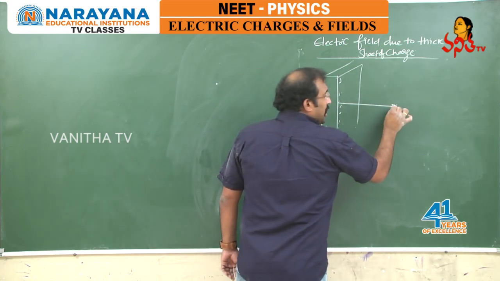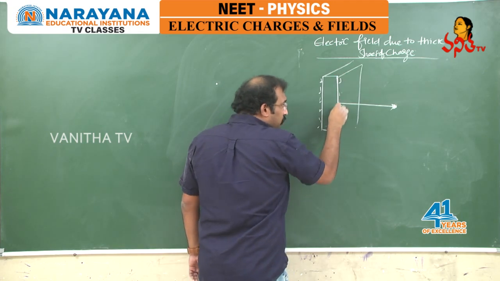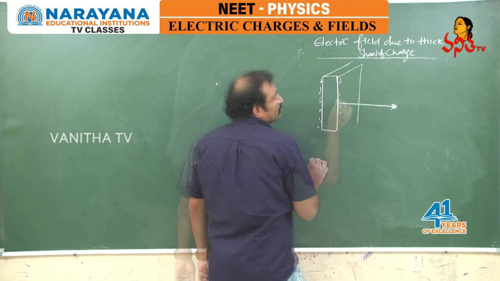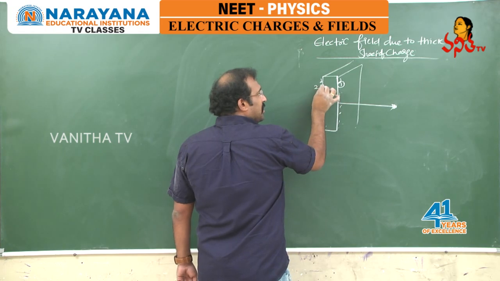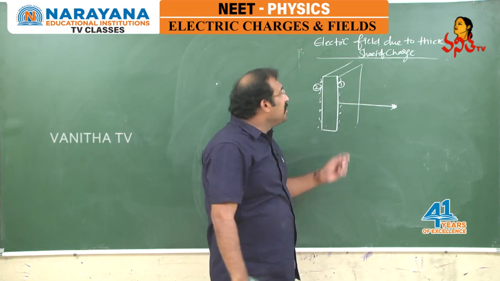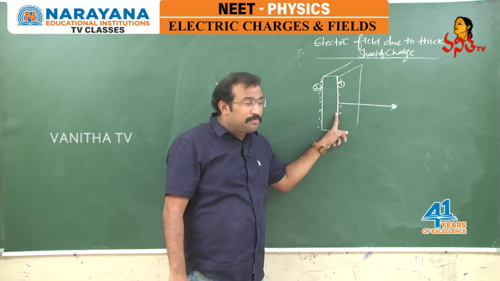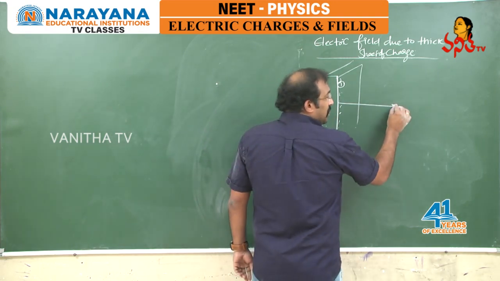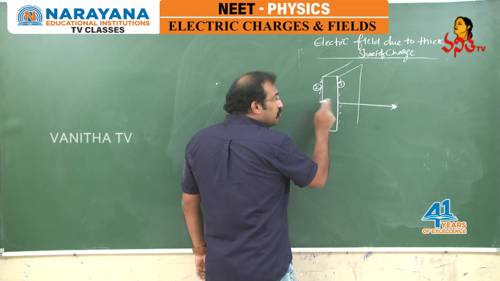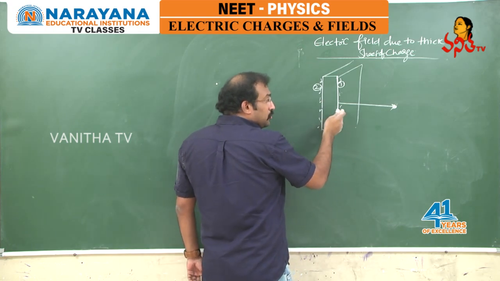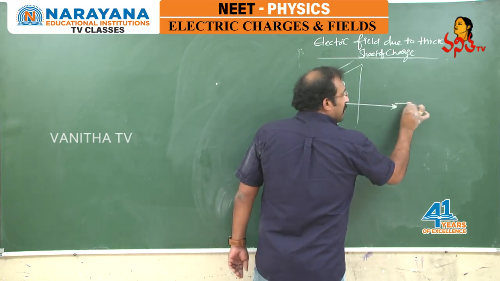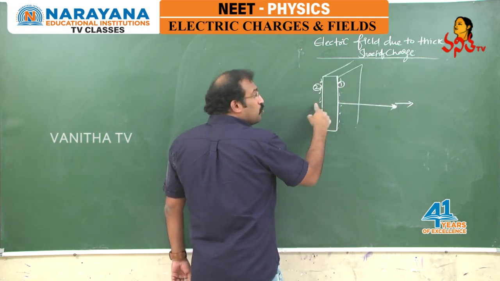So here at this point, the electric field due to this surface, let this surface be 1 and let this surface be 2. We already discussed that the electric field due to a sheet of charge is sigma by 2 epsilon naught. Therefore the electric field here due to these two sheets will be in this direction only, because both are positive.